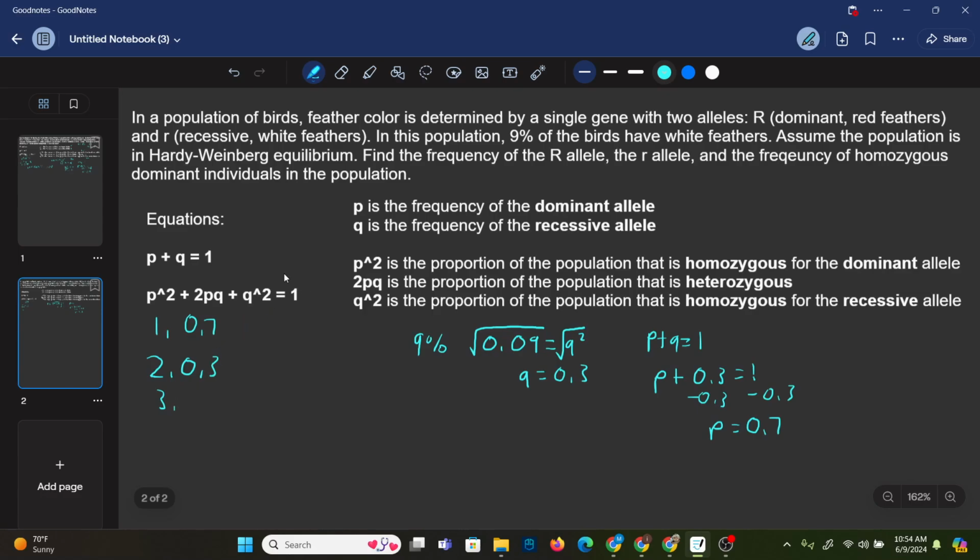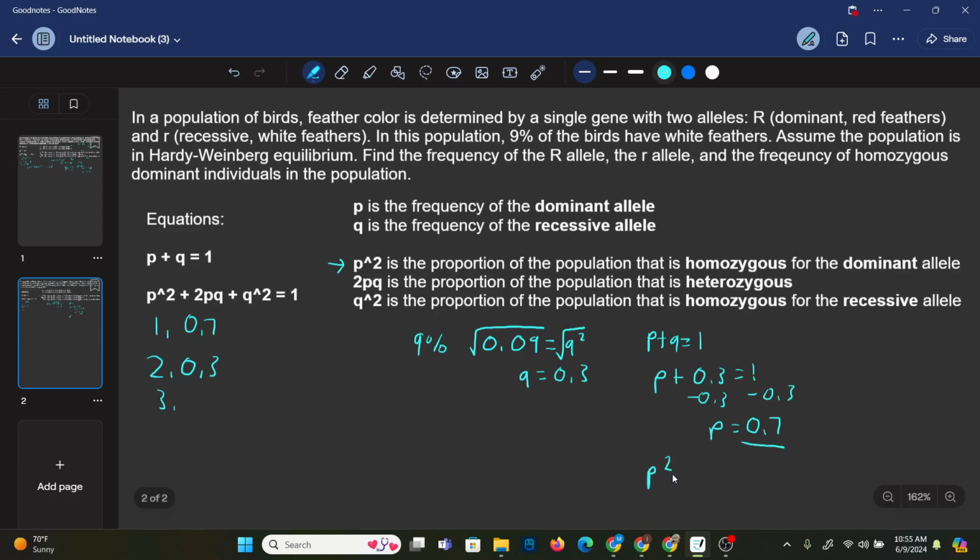For the third question, we want the frequency of homozygous dominant individuals in the population. So that would be p squared, because that is the proportion of the population that is homozygous for the dominant allele. So p squared, well, we already know p, which is 0.7.